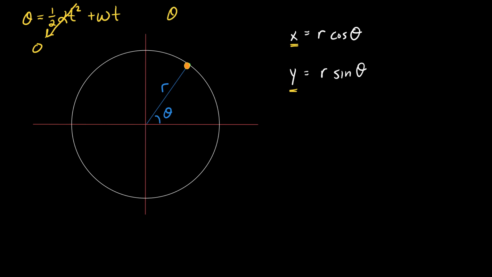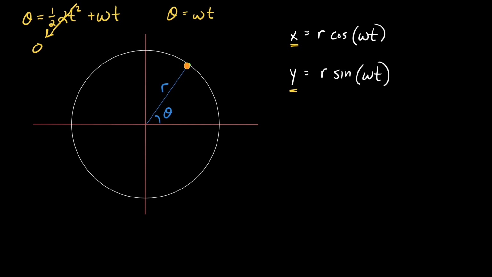That would mean theta, for an object traveling in a circular path, would just be omega times t. That would change my expressions for x and y to have omega t in them, where omega represents the angular speed of the object.